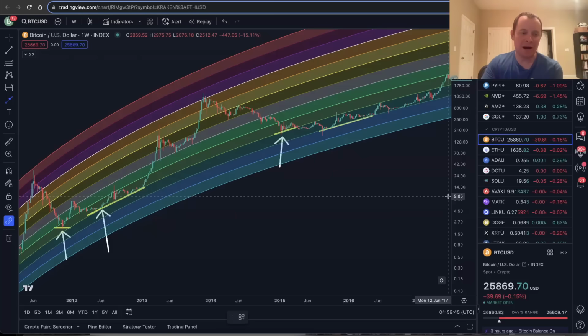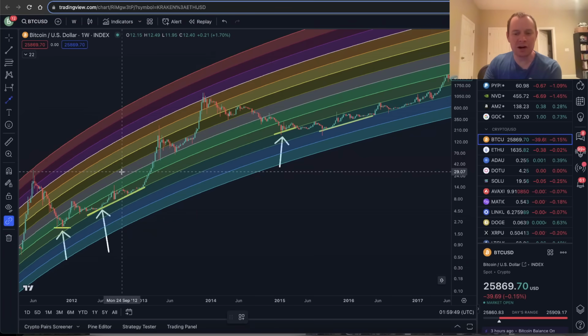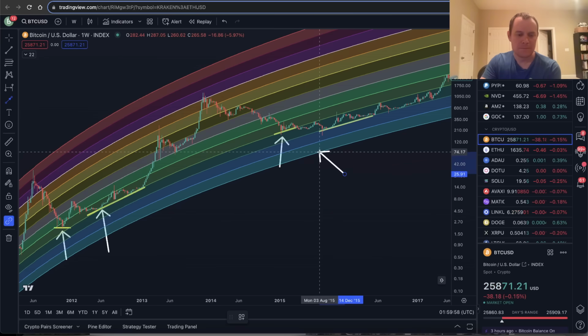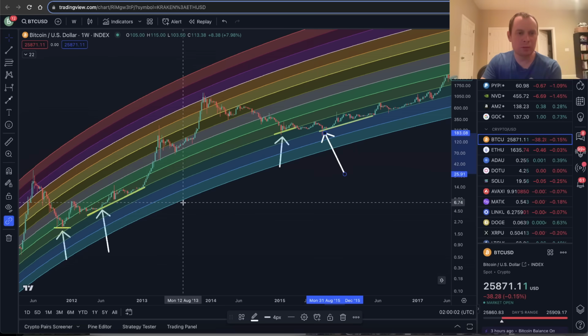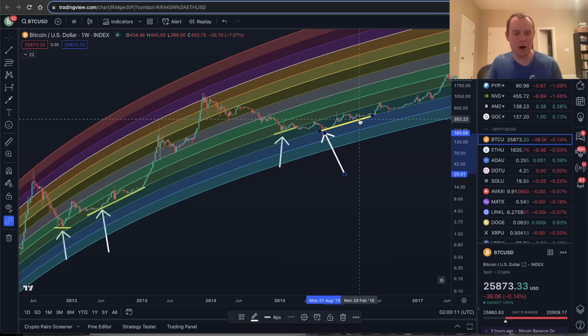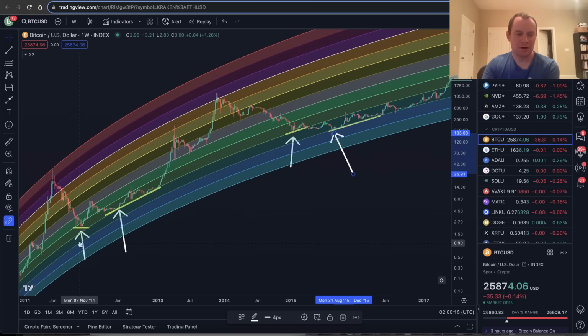So you have your bear market year. You then get your secondary scare, which occurs at the lower regression band, right here. And what do you notice? From the lowest regression band we hit in the last cycle to the next cycle, you drop one regression band. Do you see the pattern?